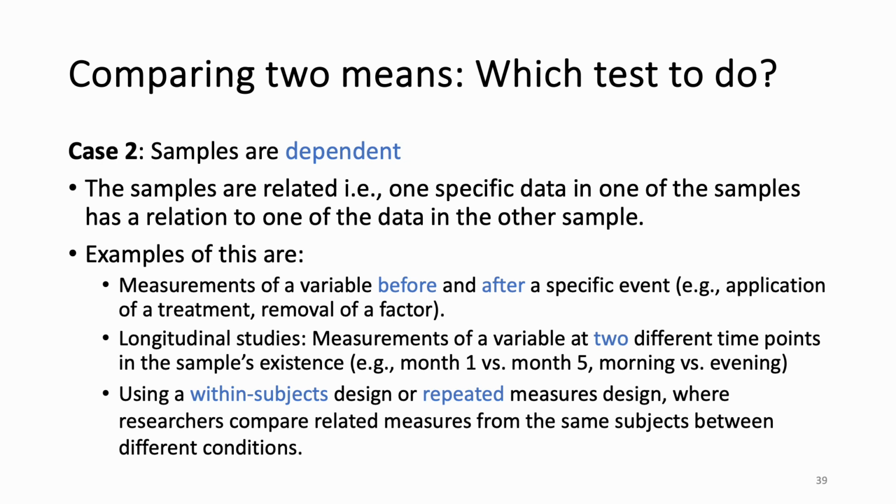In the first condition, you ask the developers to create software without using models. Then you ask the same developers to create software by using models, and then you compare the differences. So this is an example that shows how the samples could be dependent in this case.